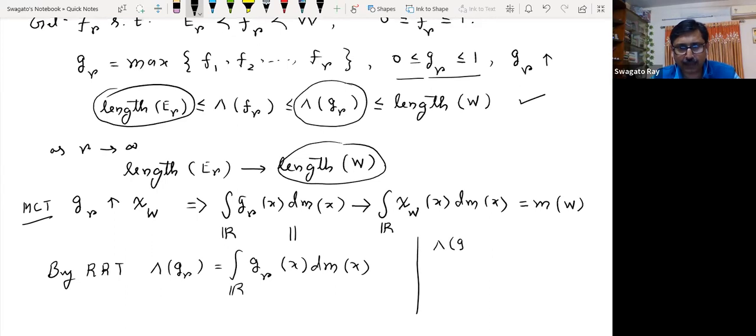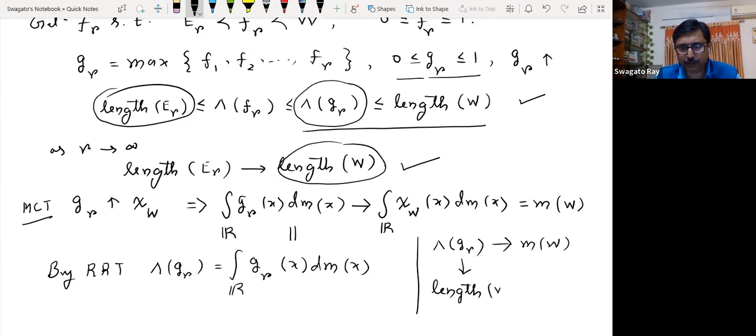I got that lambda GR goes to m(W). That is what I got from here. But the second thing I got from this line and this line: the length of ER goes to the length of W, and lambda GR is sitting in between. So lambda GR is also converging to the length of W.